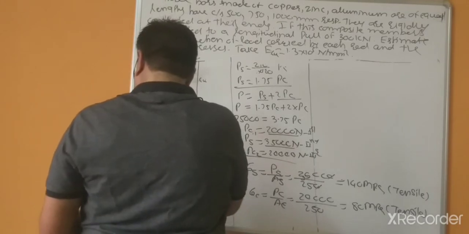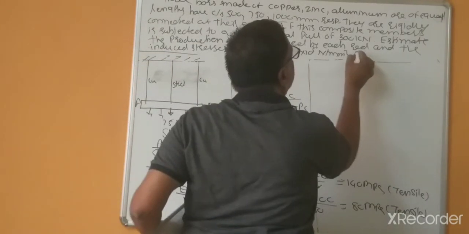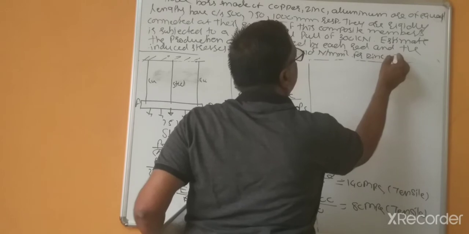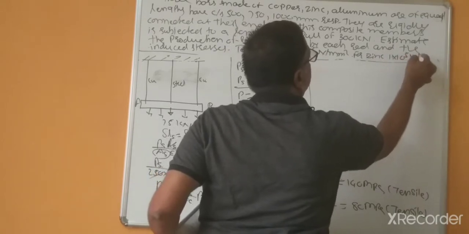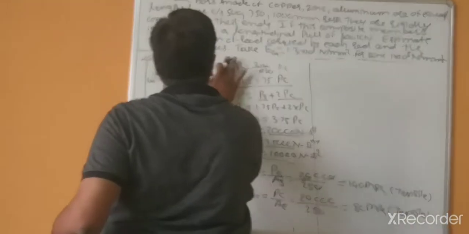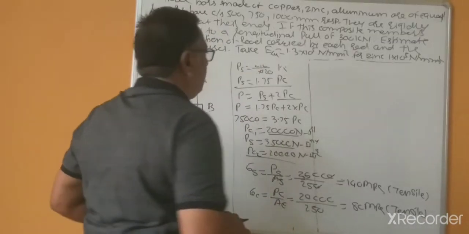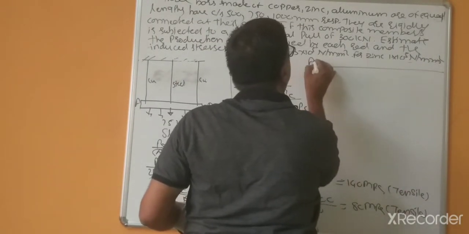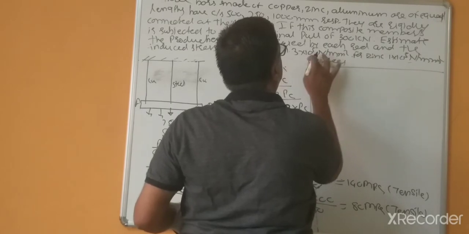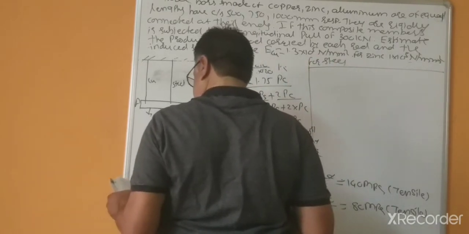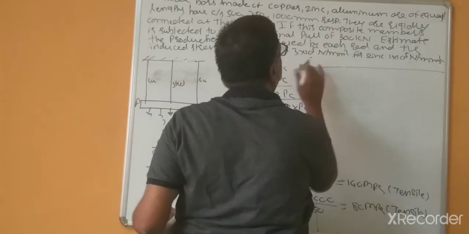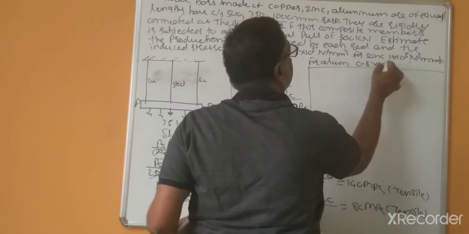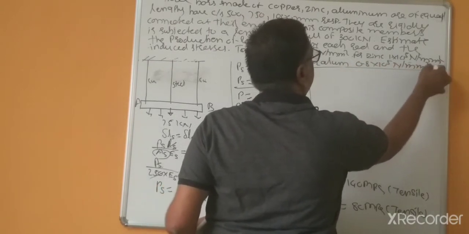For zinc, 1 into 10 to the power 5 Newton per mm squared, and for aluminium, 0.8 into 10 to the power 5 Newton per mm squared.